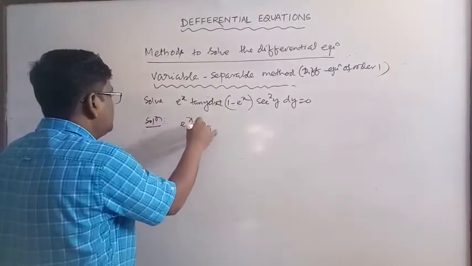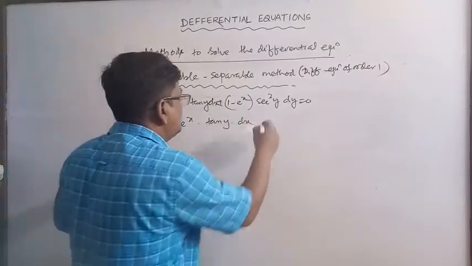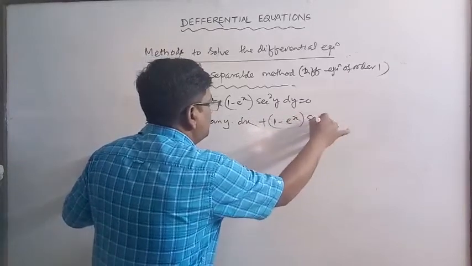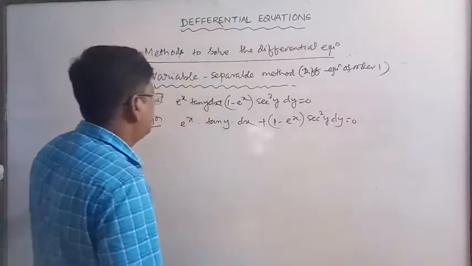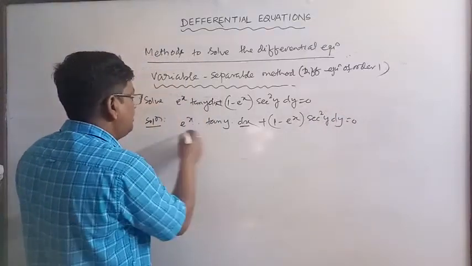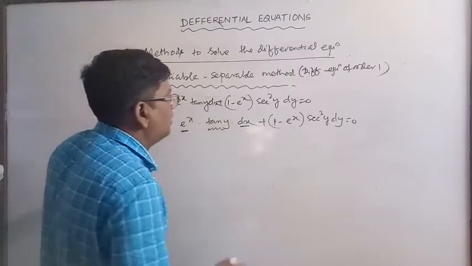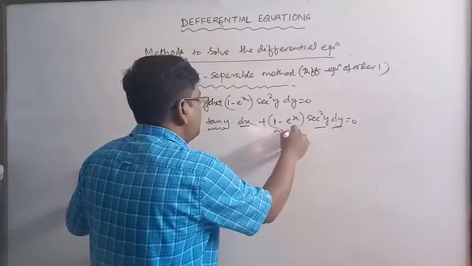So the solution is e to the x tan y into dx plus 1 minus e to the x sec square y into dy. Here for dx, this is required and this is not required. Here for dy, this is required and this is not required.